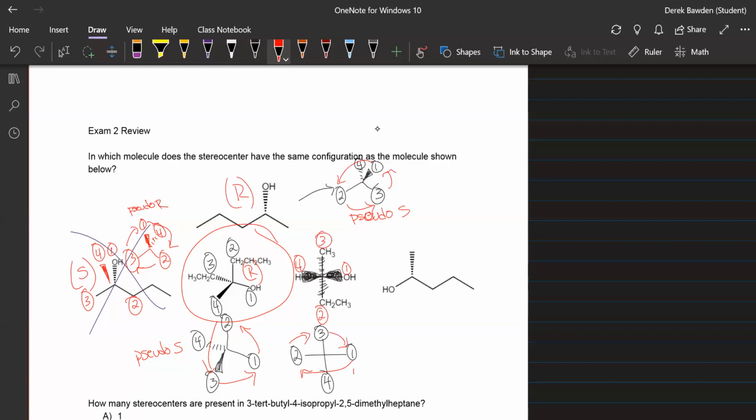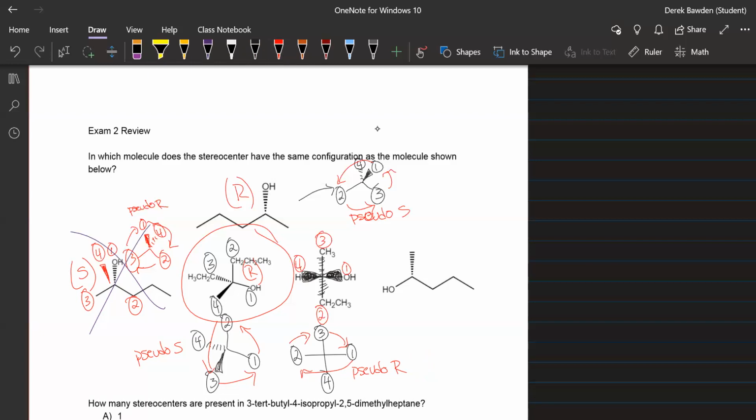This is pseudo R, okay? How I like to remember R is going clockwise, is when you write an R, the circular part, when you start drawing it, goes clockwise, around like that, okay? So that's how I remembered that clockwise means R, okay? Just a little hint there.